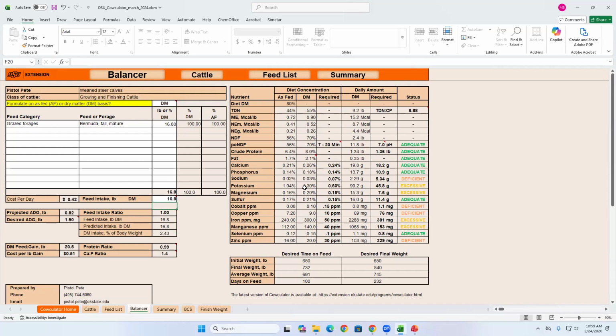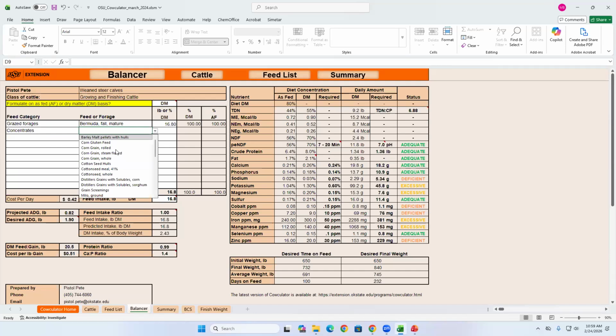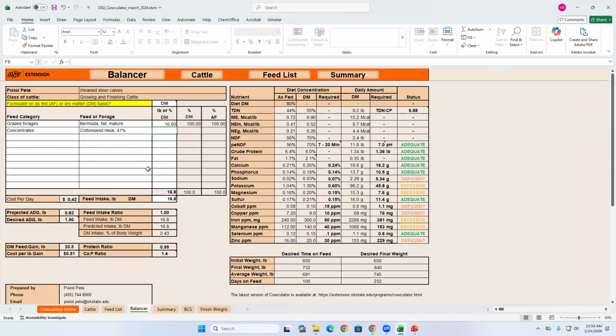We are now deficient in sodium, cobalt, copper, and zinc. Okay. Lower quality forage, we're now deficient in more things. Make sense? Okay. Cottonseed meal.